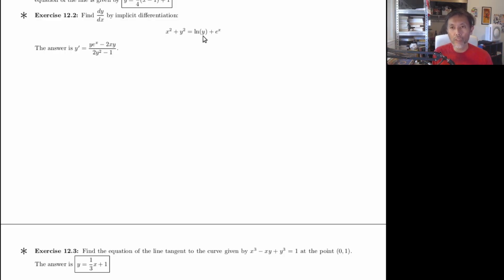Get a piece of paper and try to do this problem, exercise 12.2 here. I give you the answer, but of course the answer is useless without a process by which we can arrive at that answer. So I want you to try to write out or figure out what that process is, okay?